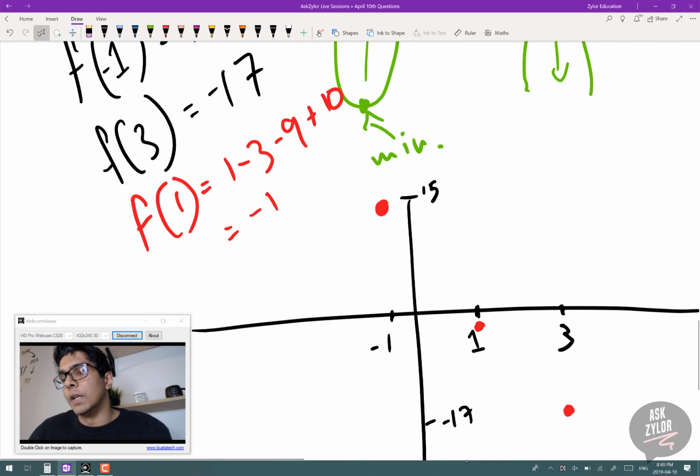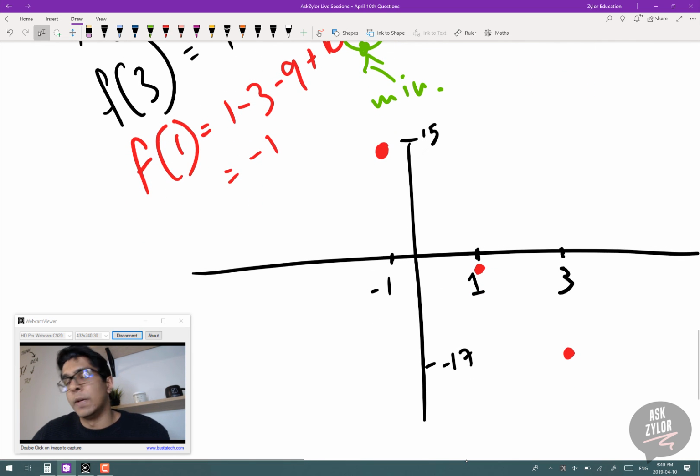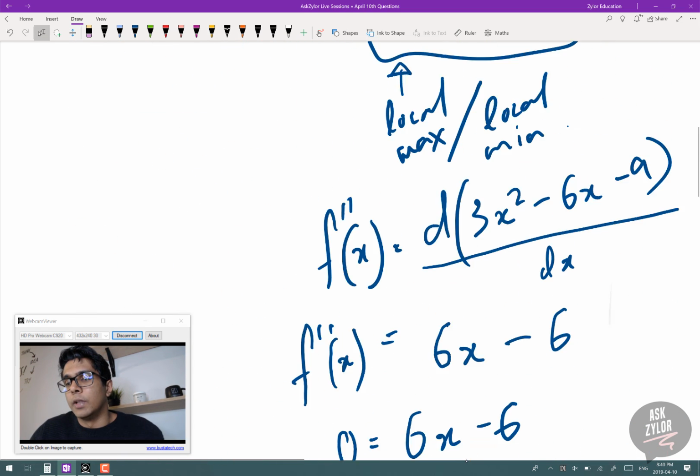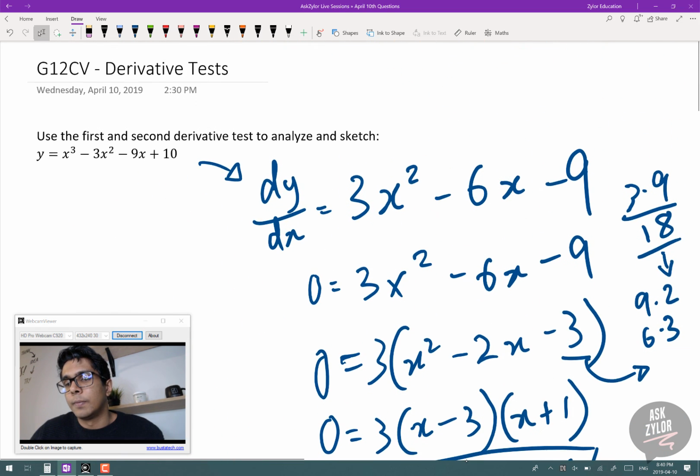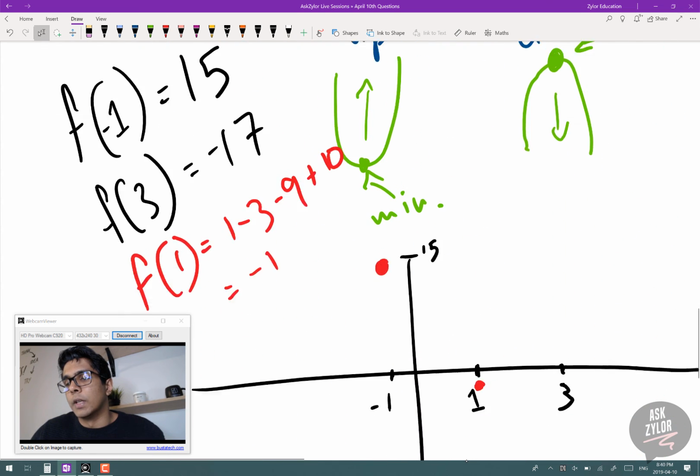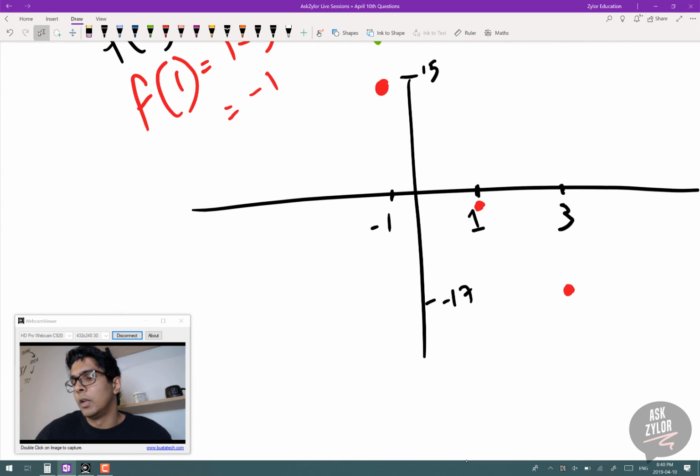And my end behavior. I know what my end behavior is based on the degree of my function. My original function, if I look back, is a cubic function. Right? A cubic is an odd degree, which means y goes towards positive infinity as x goes towards positive infinity, and as x goes towards negative infinity, y goes towards negative infinity.